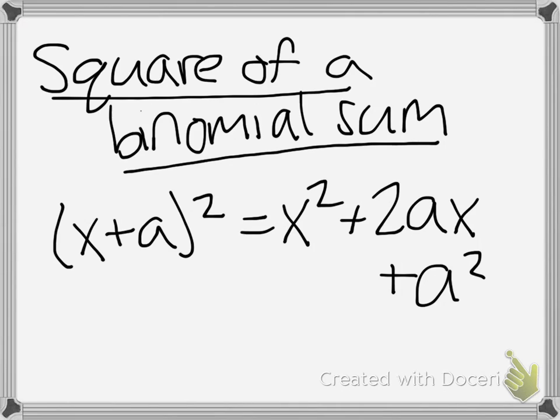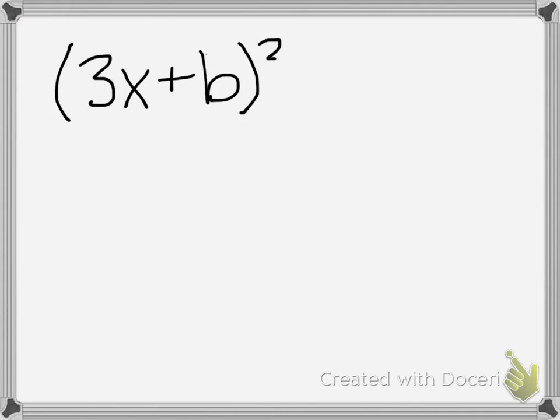That's exactly what we just saw, right? We ended up with x squared plus 4x, and 4 is 2 times 2, plus 4, which is 2 squared. But it would also, again, be true if we had different ones, right? Let's say I had something funky. Let's say I have 3x plus b, and I'm squaring it.